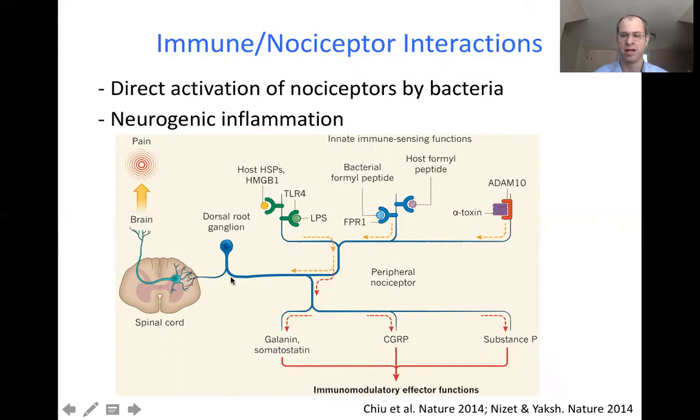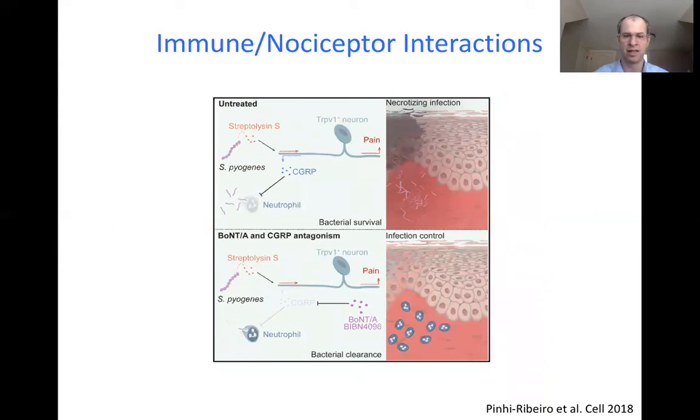Neurogenic inflammation meaning that the neurons, through release of neuropeptides themselves, but also through a back and forth facilitatory interaction with immune cells, release pro-inflammatory molecules. More recently, there's been evidence that the bacterial stimulation of neurons actually can shut off the immune system and contribute to necrotizing infection. And there are some ideas for how to interfere with that.